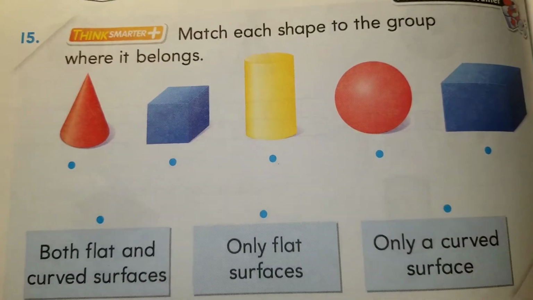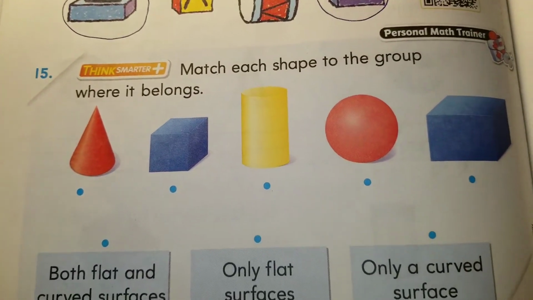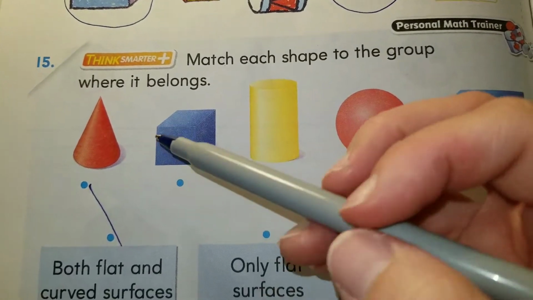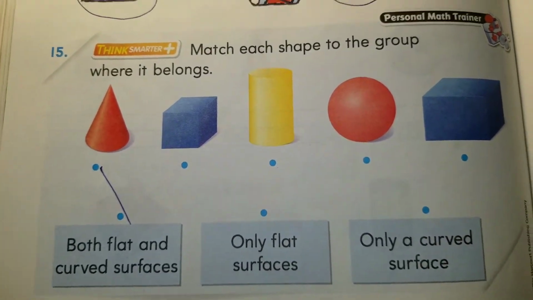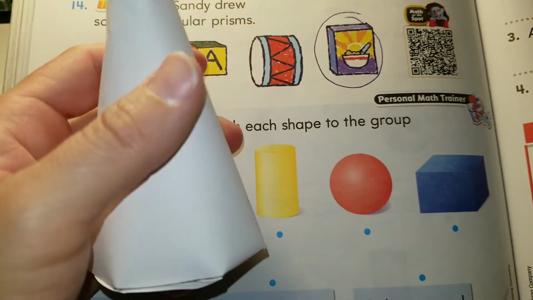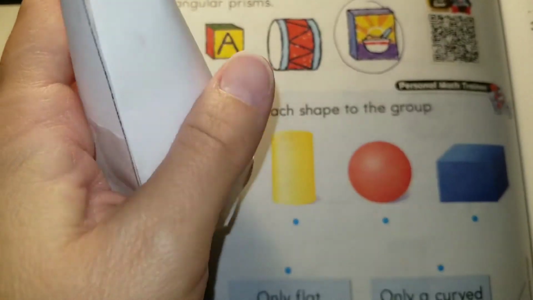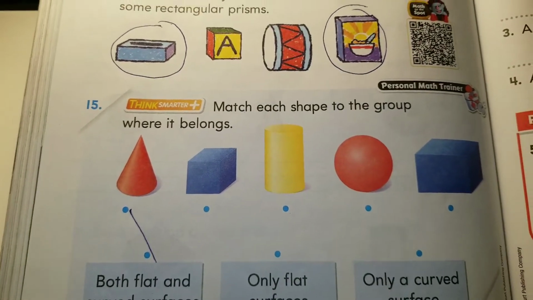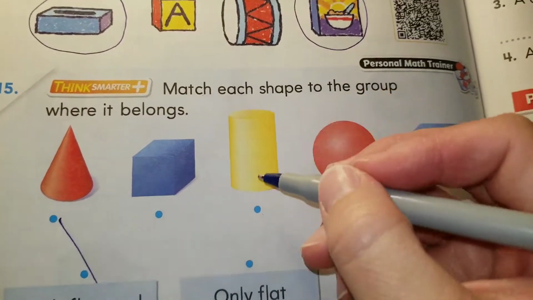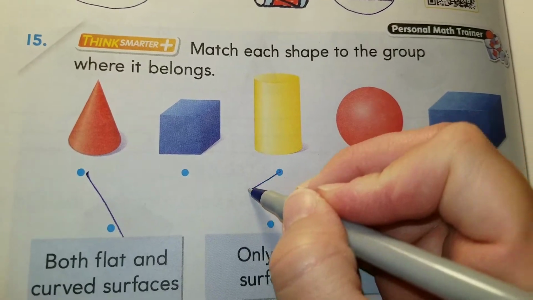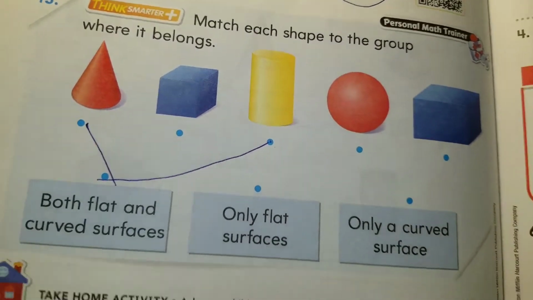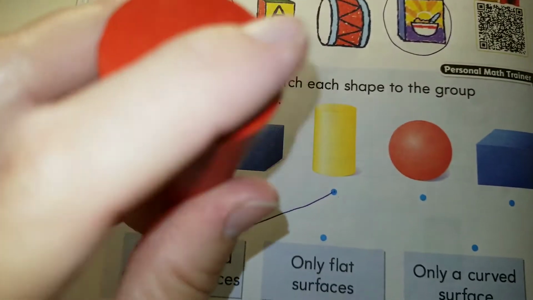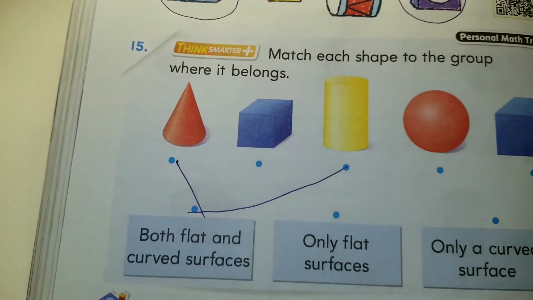The only shapes that met that criteria were the cone, which has a curved surface around and a flat surface at the bottom, and the cylinder, which has curved, but it's also flat over here.